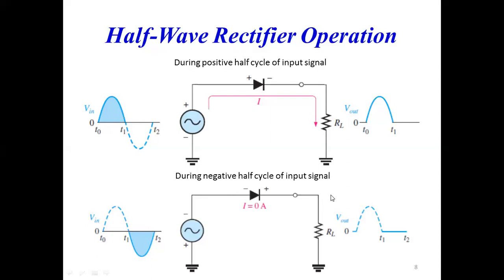During the negative half cycle, what will happen? During the negative half cycle, this diode will be reverse biased. Whenever you reverse bias a diode, it will behave like an open switch, and hence you won't get any voltage across this resistor for the period T1 to T2.